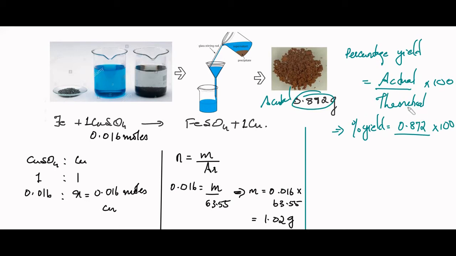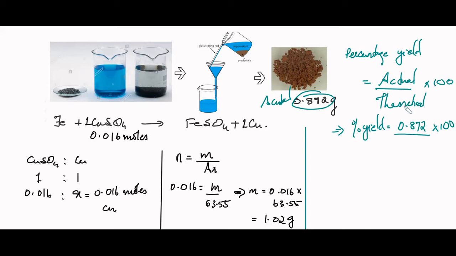So now my theoretical yield is ready. Theoretical yield means how much I'm getting when I'm calculating it theoretically, not when I'm doing the experiment, but when I'm doing the calculation based on the stoichiometry of the balanced chemical equation.